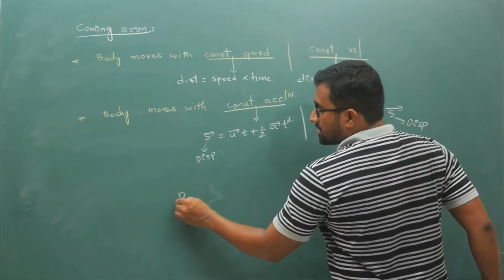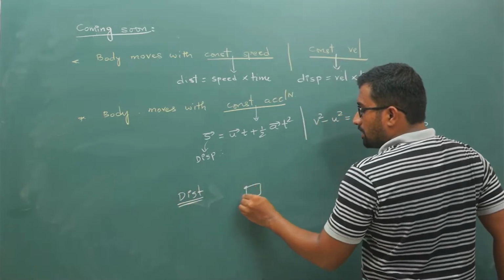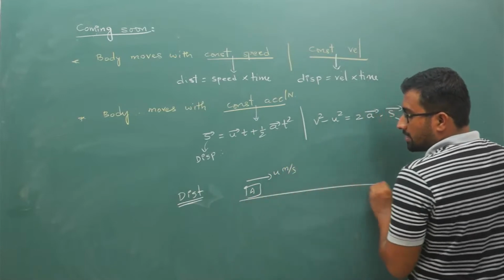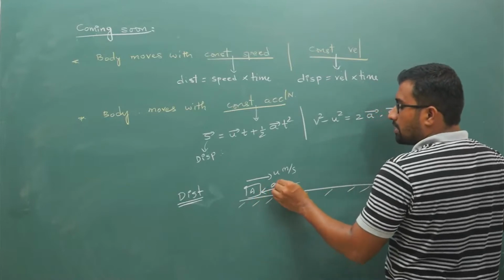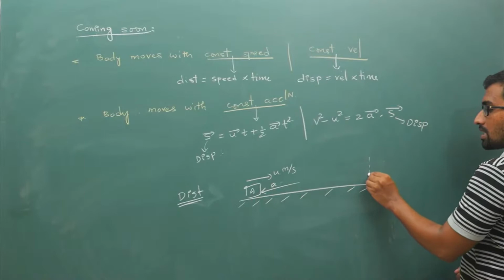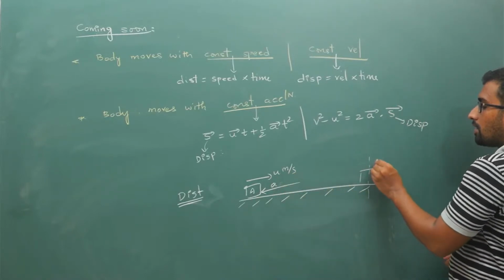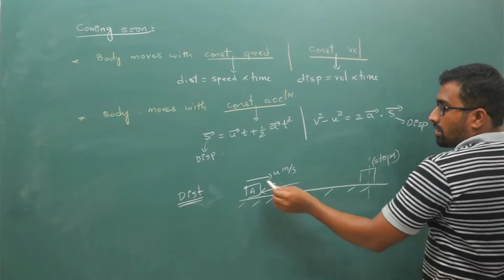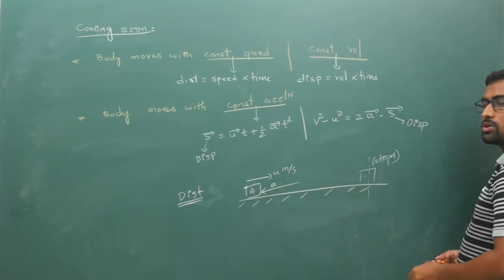These directly give you displacement. If you want distance, consider a body coming with some initial velocity u meters per second, with acceleration acting in the opposite direction, which is deceleration. Because velocity and acceleration are in opposite directions, somewhere the body slows down and stops. While the body moves in the same direction, distance and displacement are the same.